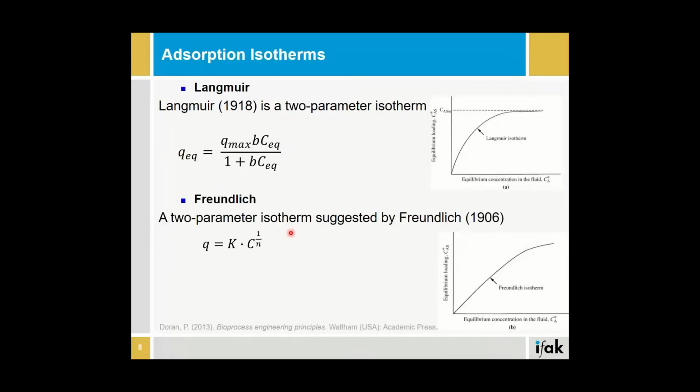Several adsorption isotherms have been developed, but I present only the two most important, which are the Langmuir and Freundlich isotherms. Both of them are two-parameter single-solute isotherms, but the Langmuir isotherm is not very suitable to describe experimental isotherm data for aqueous solutions. The Freundlich isotherm, on the other hand, is widely used for describing adsorption from aqueous solution, and in particular, powder-activated carbon.